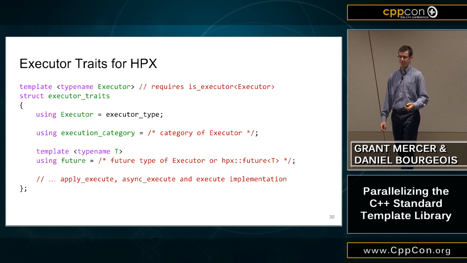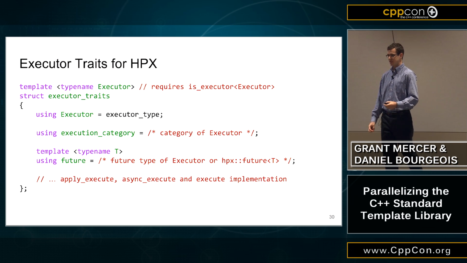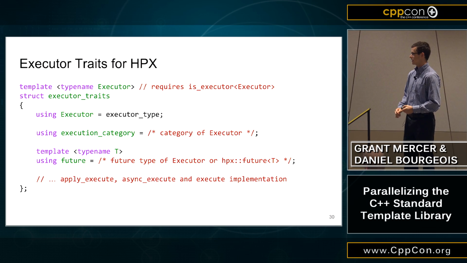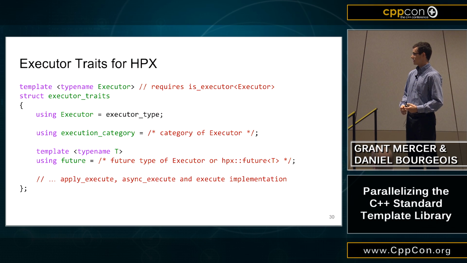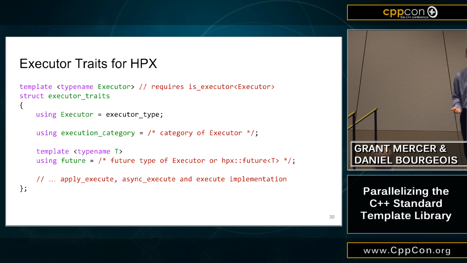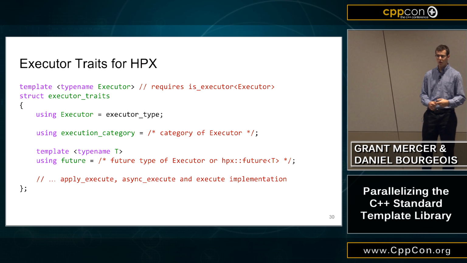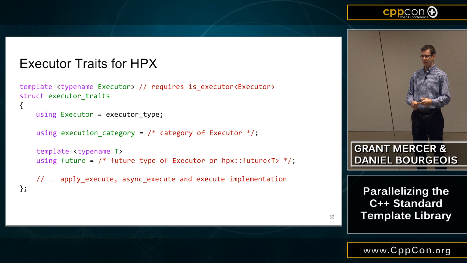So here's executor traits inside of HPX, just to give some more clarity about the things it does. It exposes the executor type and the execution category of the executor. So is it sequential or is it parallel? Those are the big ones. Also, the future doesn't have to be the standard future, or even, in HPX's case, the HPX future.